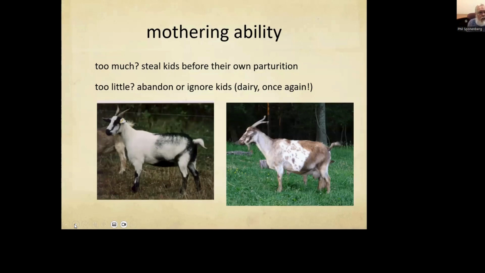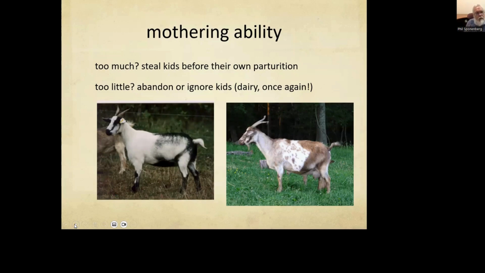A lot of dairy animals, and this is true of cattle, sheep, and goats, will very happily have all their youngsters, and then very happily walk off so that you can milk them. When you back off and think about this, it actually makes sense, because if there's too much mothering ability, they're going to resist you taking the milk.